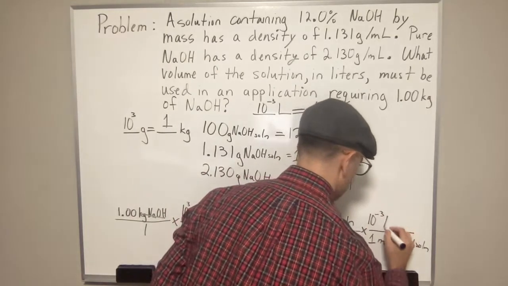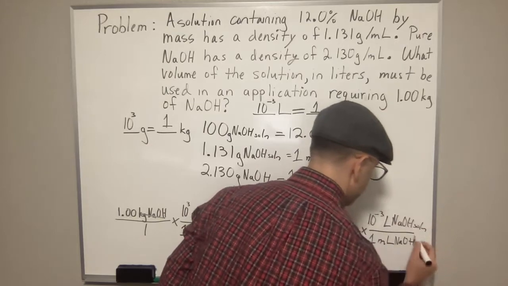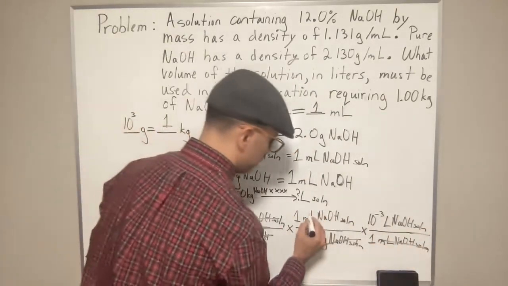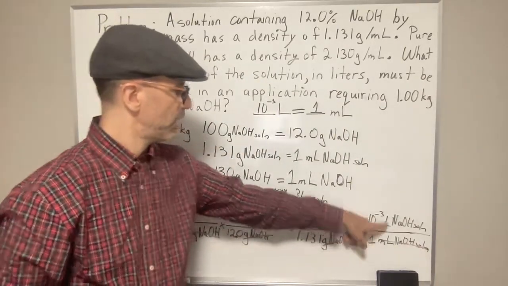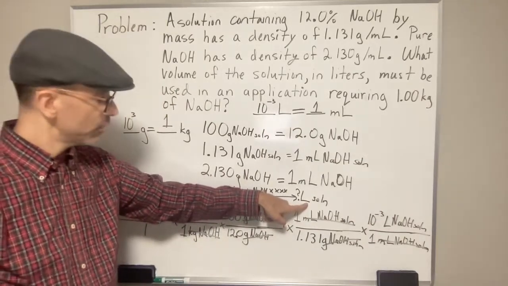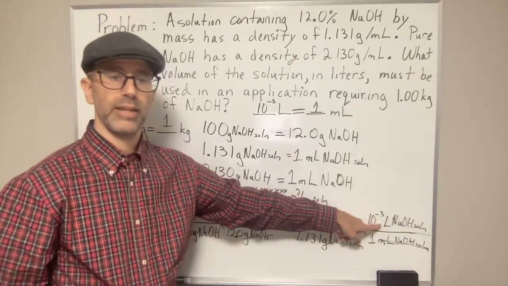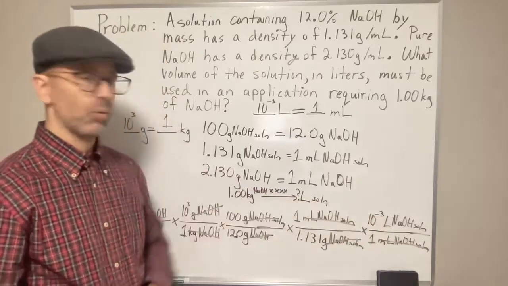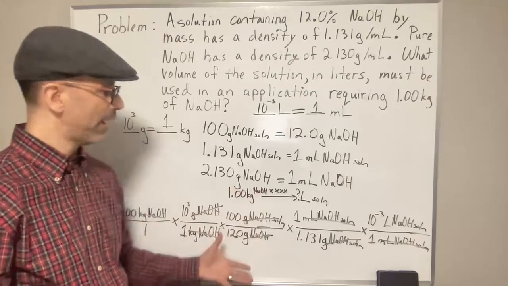So my milliliters of NaOH solution cancels out. Now I have liters of NaOH solution. They want liters of NaOH solution. So I'm done. So once you have the unit and the substance that you want on top, you're done with the problem. So now at this point, all you're doing is you're multiplying and dividing to get your answer.